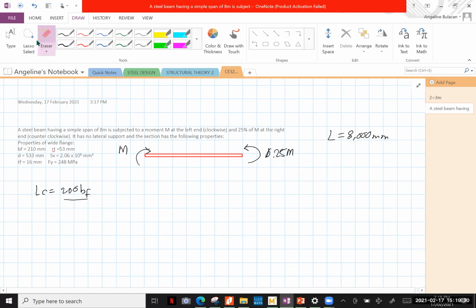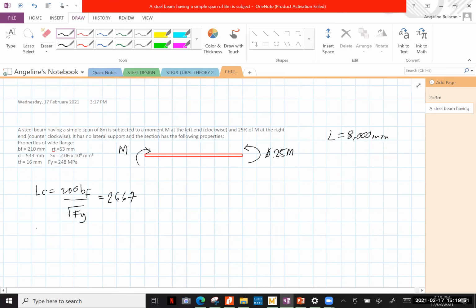This is square root of Fy pala. So ang LC natin is 2667. So length is greater than LC.